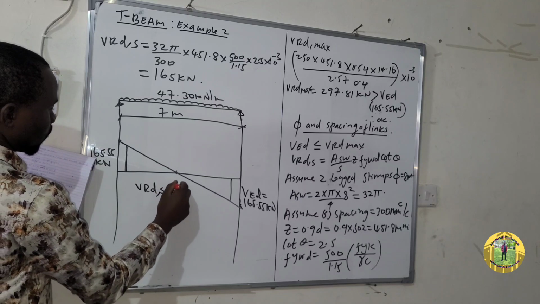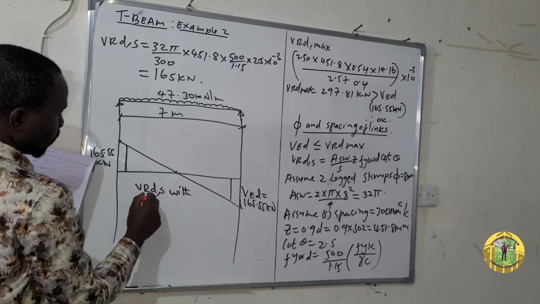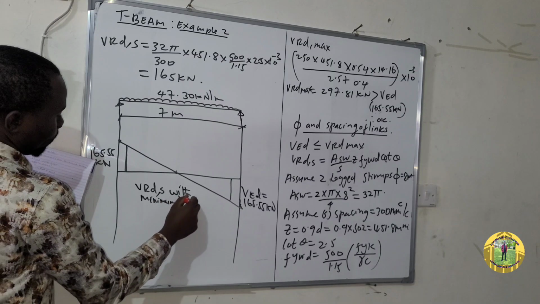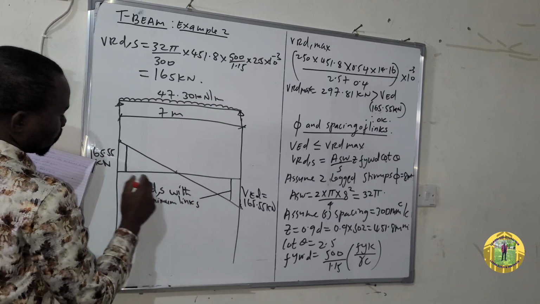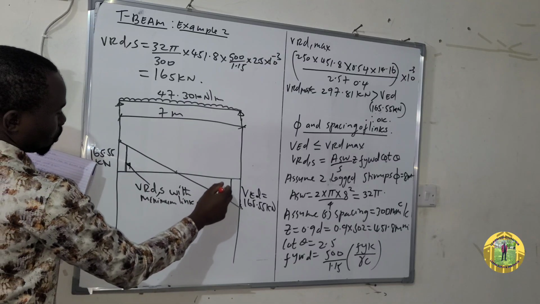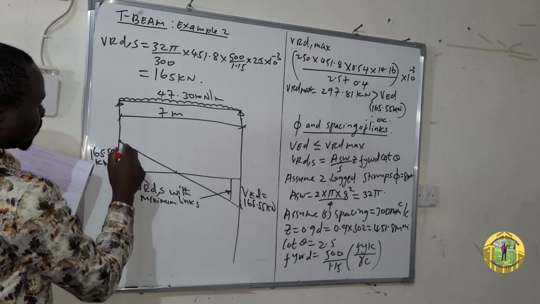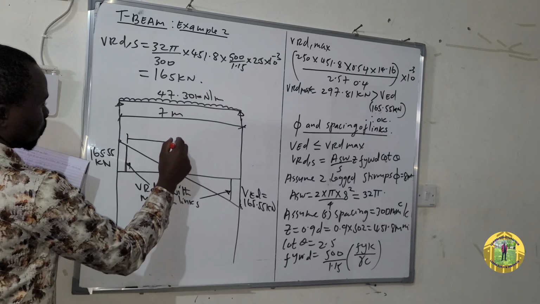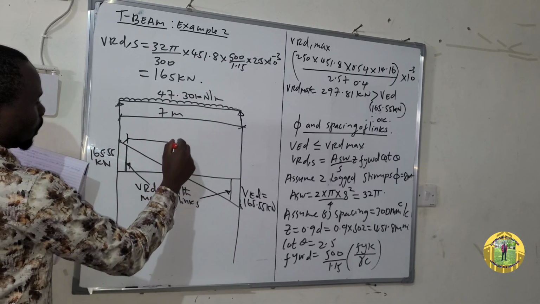is what we call VRDS with minimum links. So it means you can calculate this distance as well as this.